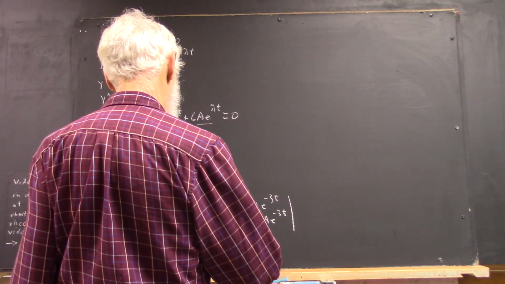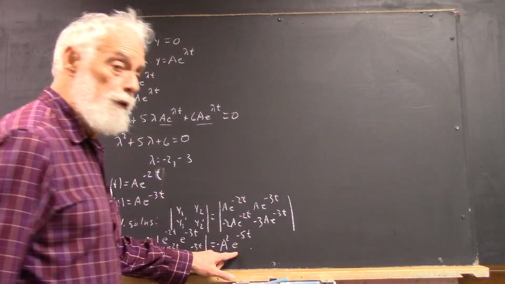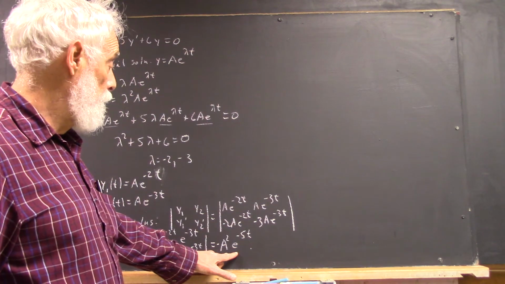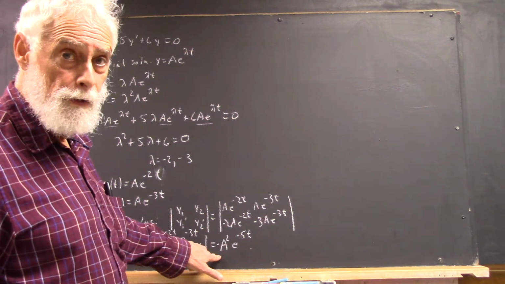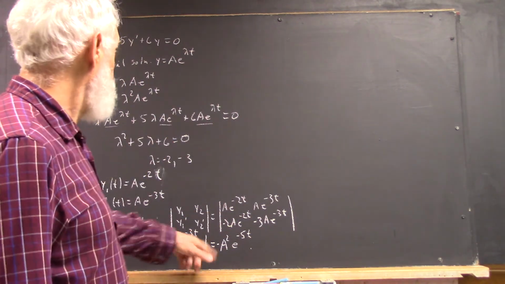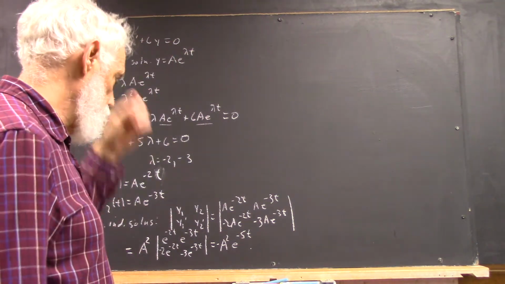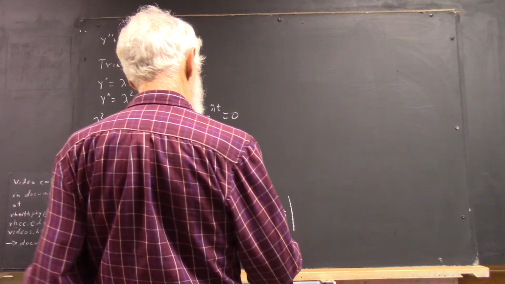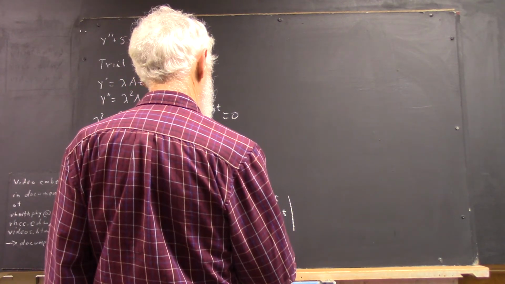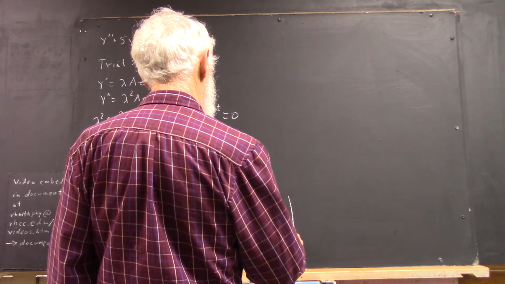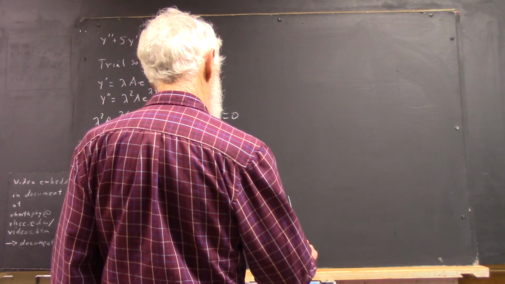And we can say that this is not equal to 0 for any value of t, unless of course a is 0. But if a is 0, again, we have a trivial solution that doesn't give us any information. So e to the -5t is never 0.